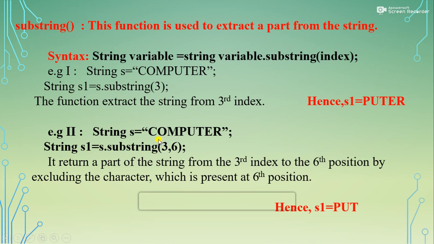You may check here, this is 1, 2, 3, and from here PUT, and the characters from the 6th index are left out. So this is the entire fundamentals of the substring function, and this must be remembered in every function, whether it is character handling or string handling.